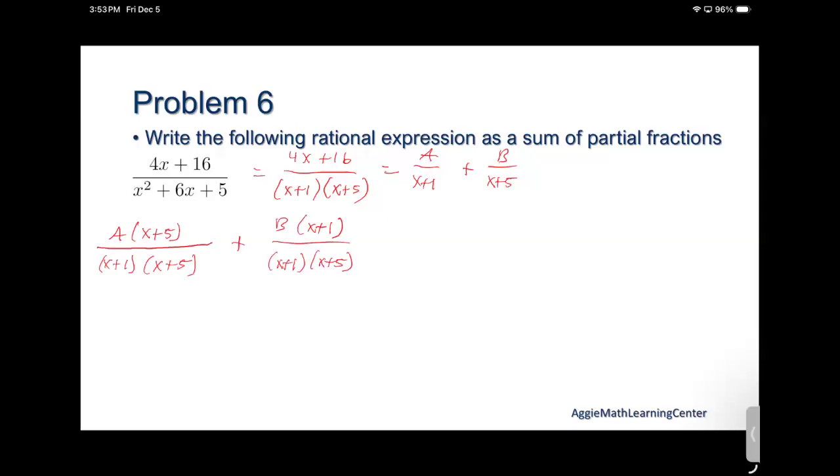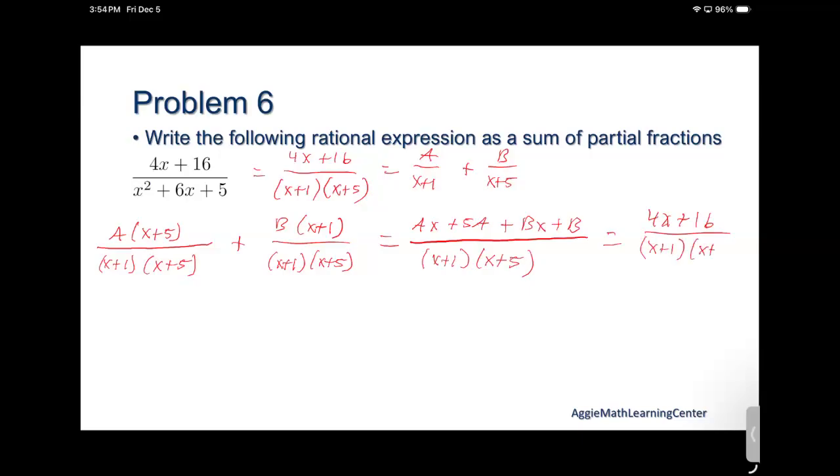So now I'm going to expand this out and put them all in the same fraction. So if we do this, you have an ax plus 5a. You also have a bx plus b. And that's all over the same x plus 1, x plus 5. And we want this to be equal to the 4x plus 16 over an x plus 1, x plus 5.